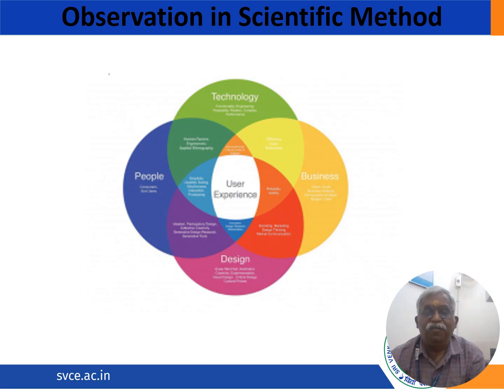Now we will go by a scientific approach. Observation in the scientific method. We have people, technology, design connected easily. With that user experience, we will go by a scientific approach. People who are suffering with that issue, we want to apply some technology.